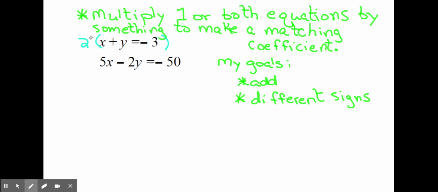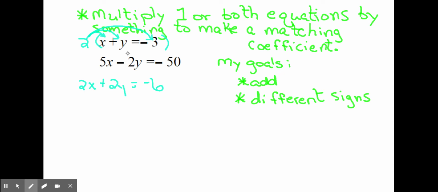This is going to be one great big giant distributive property. I'm going to go 2 times x, that's 2x. I'm going to say 2 times y, that'd be plus 2y. And then don't forget the constant over here. 2 times -3 is -6. You have to multiply every term of the whole equation by the same number.